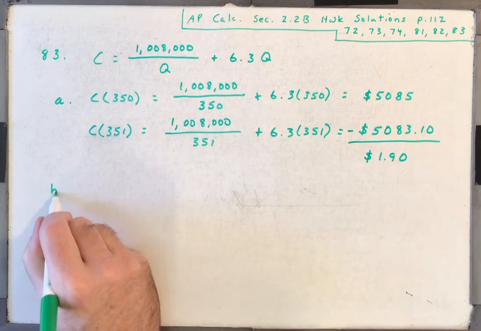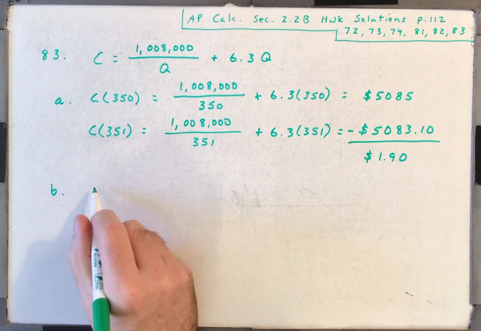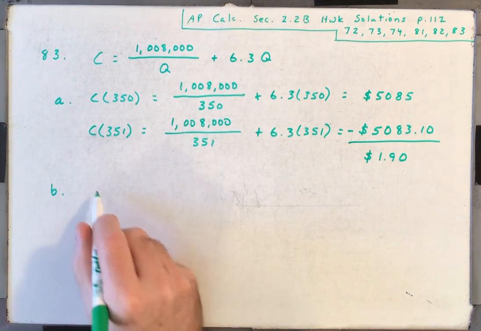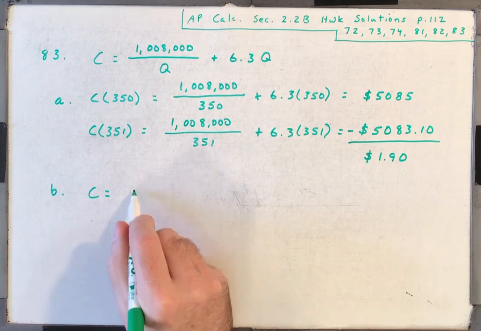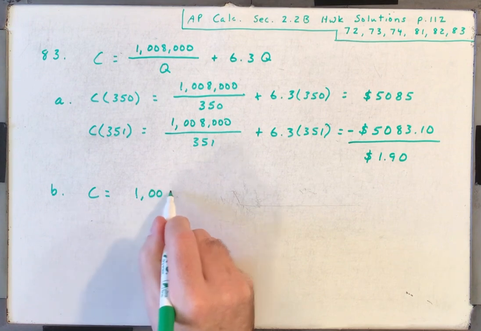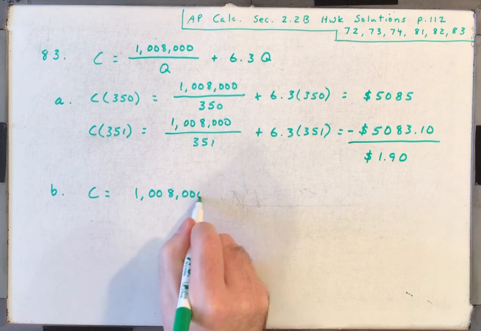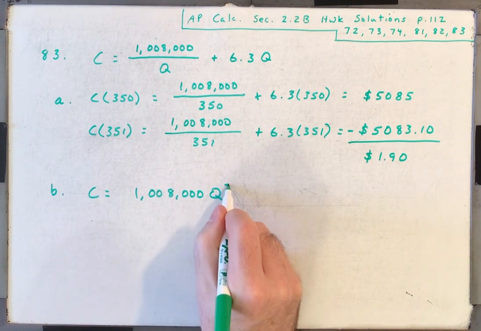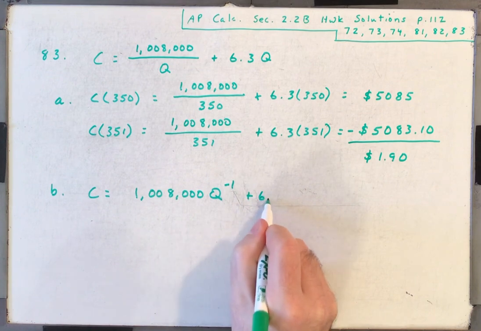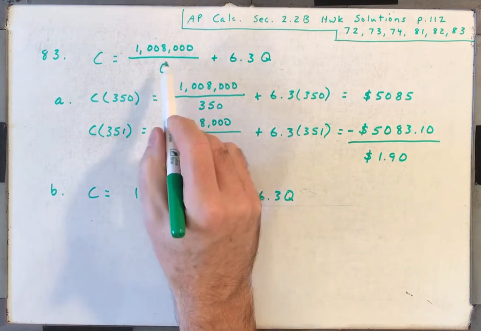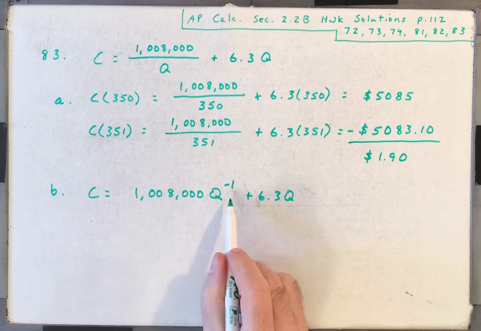All right, part B, what's the instantaneous rate of change? So we've got to find the derivative. So let's rewrite this in an advantageous way. So that would be q to the minus 1. So I'm just bringing that q up top and taking it to the negative 1 power.